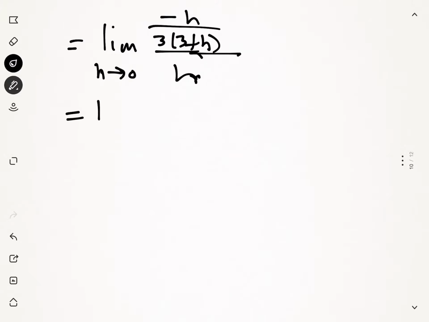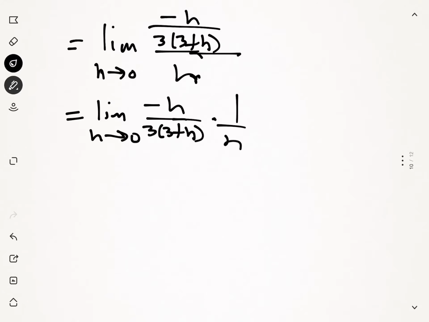Equals the limit of minus h over 3 times 3 plus h, times 1 over h. Notice here that the h's cancel.